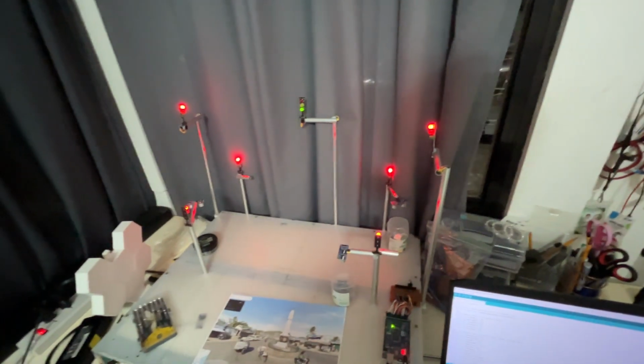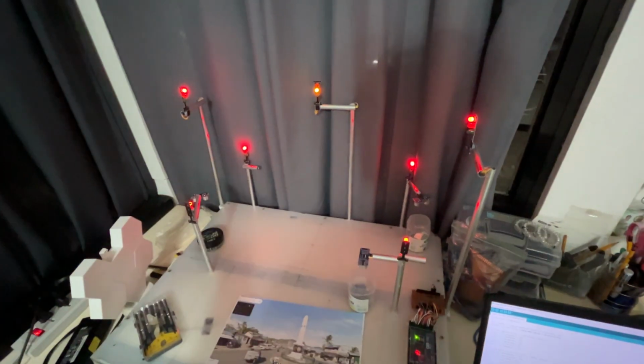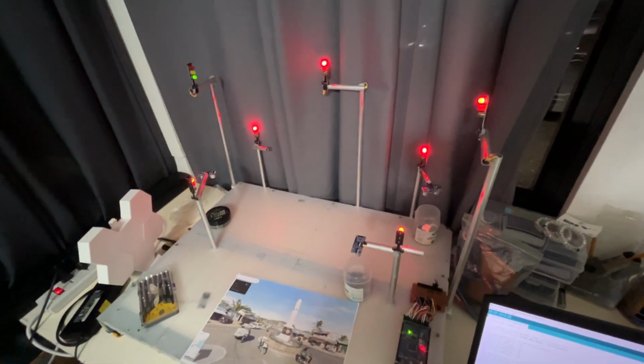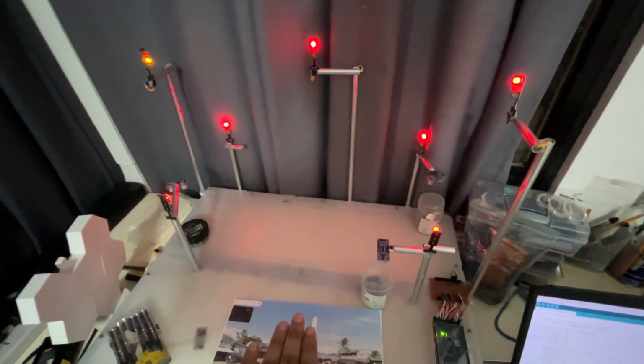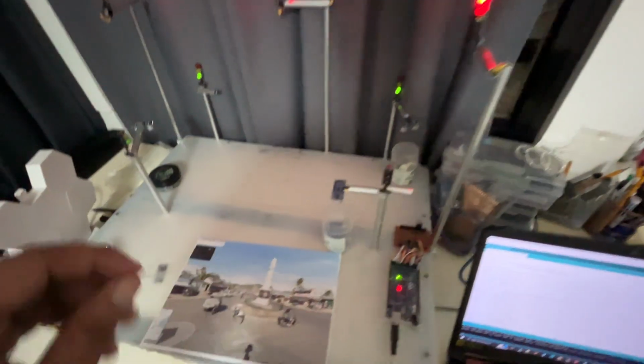Now here, all the sensors have detection of vehicles. I've used this as a demonstration only. I've programmed the ultrasonic sensor with distance sensing capability, using the echo and trigger.